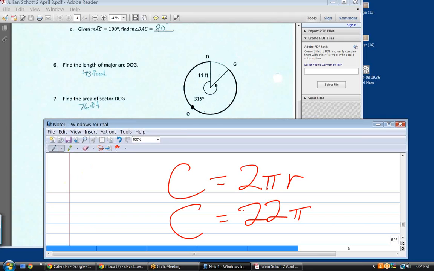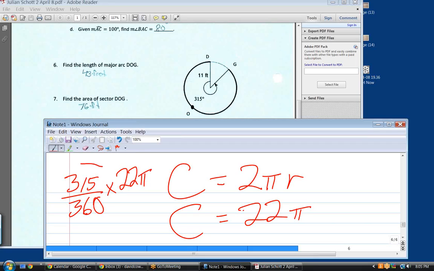If the whole circle is 360, we want that ratio. In other words, this is the ratio of our arc to the circumference. Well, the circumference is 22 pi, so if I want the measurement of our arc, I'm going to multiply it by 22 pi.